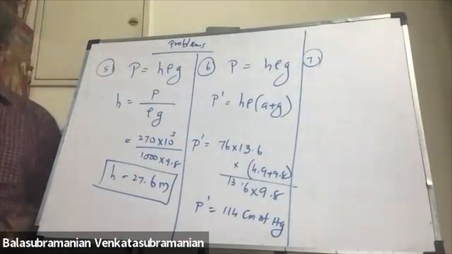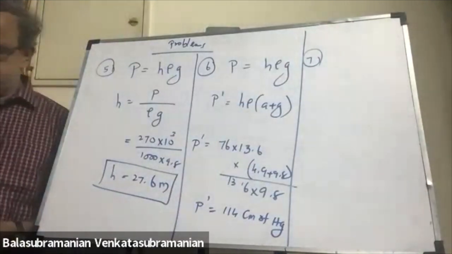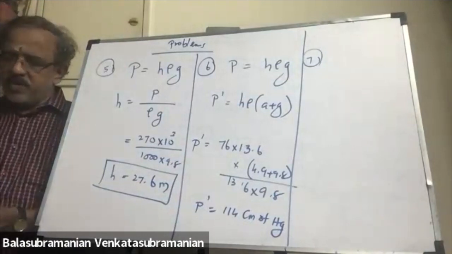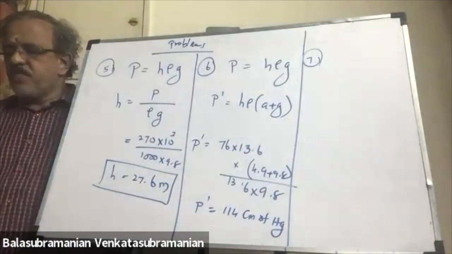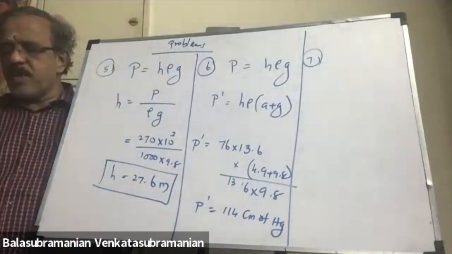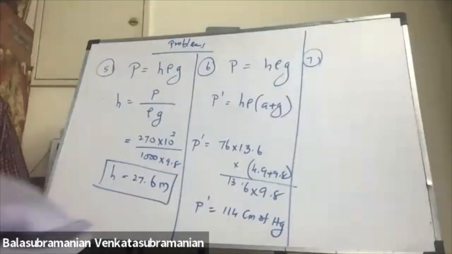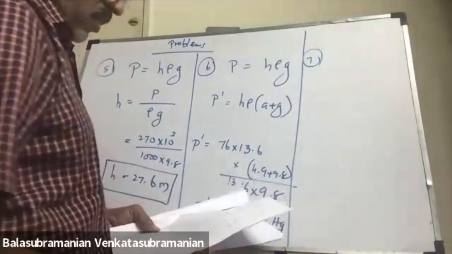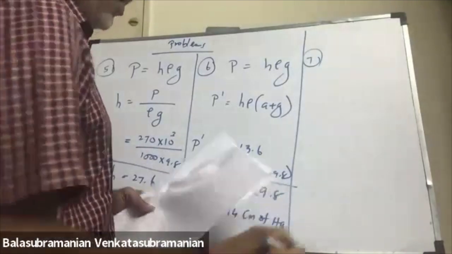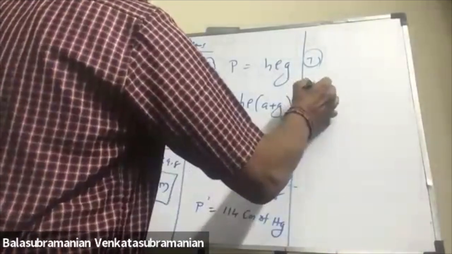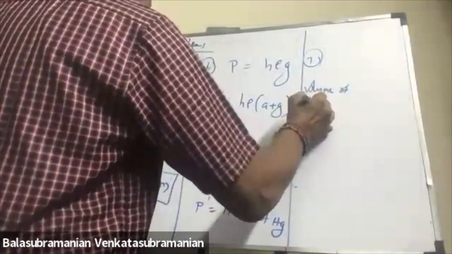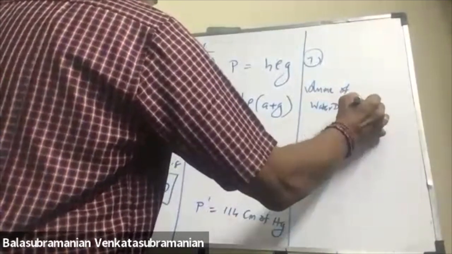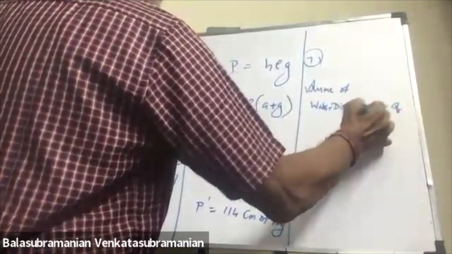Okay. Next. How much does a body of weight 70 Newton weigh in water if it displaces 200 ml of water? Laws of flotation, Archimedes principle. Volume of water displaced is equal to mass of water displaced.